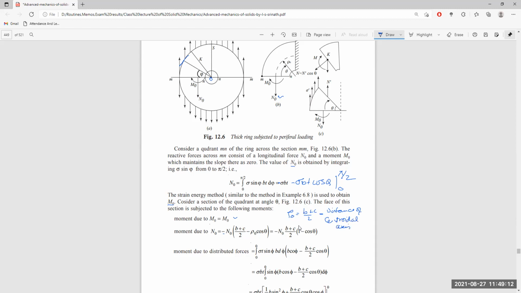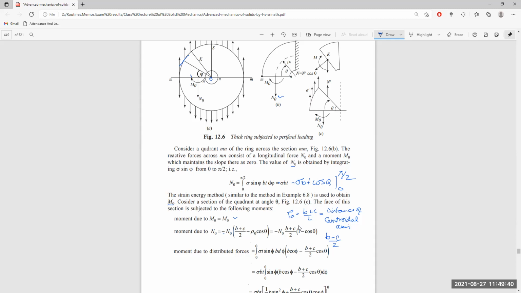How are we getting this? B is the radius of the external circle, and if we subtract the radius of the internal circle, C, and divide by 2, we get the distance exactly half.